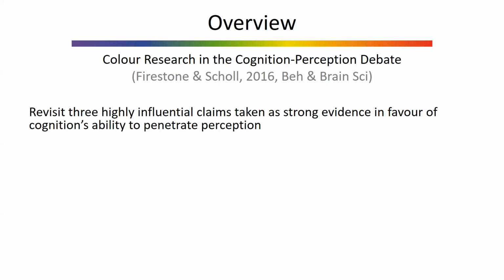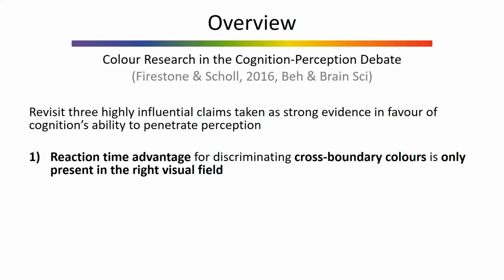And we will revisit these highly influential claims that are taken as strong evidence in favor of cognition's ability to penetrate perception. The first one will be the reaction time advantage for discriminating cross-boundary colors, but only when they are presented in the right visual field.